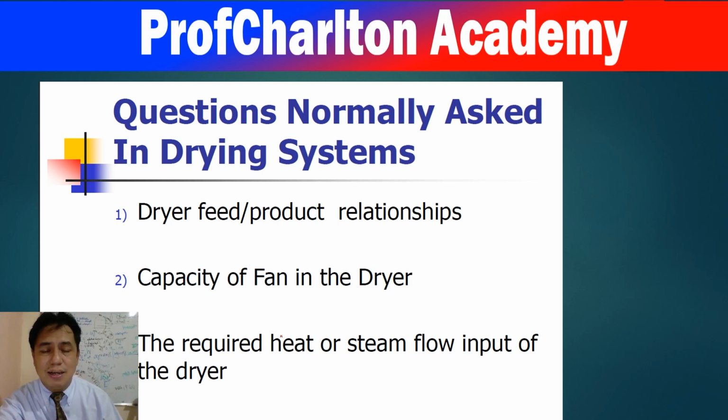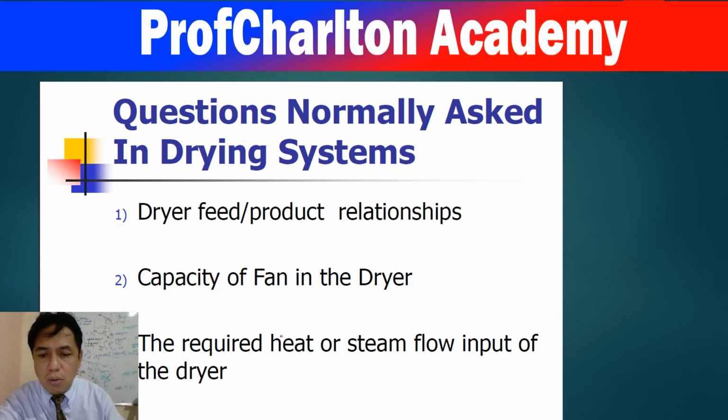We will discuss a bit later the relationship between the product and the feed. Another question always asked is the capacity of the fan in the dryer, meaning the capacity in terms of cubic meter per hour. That can be found if you locate the specific volume of the fan in the psychrometric chart.